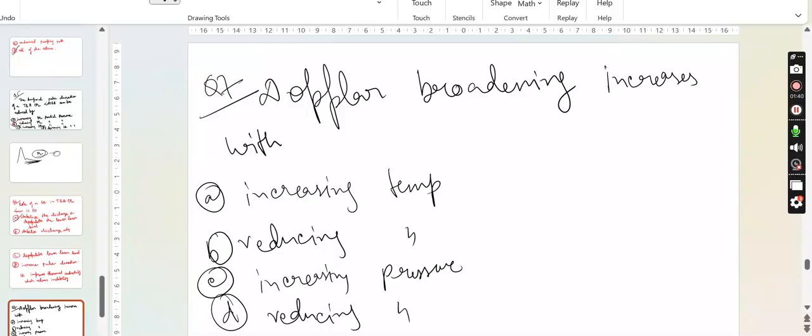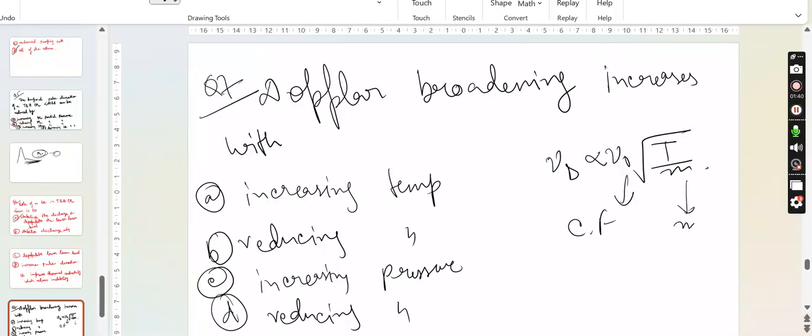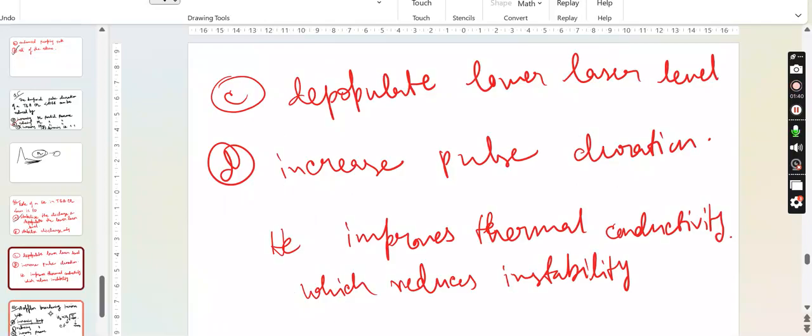So Doppler broadening is basically proportional to ν0 times root over T by M, where ν0 is the central frequency, T is temperature, and M is mass. So it depends on the temperature and it increases with increasing temperature.